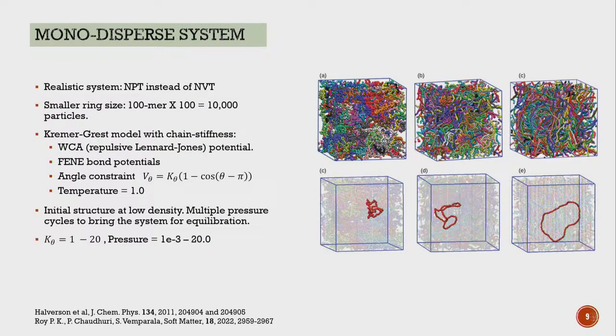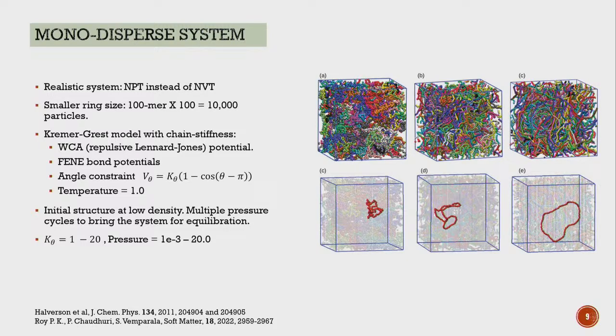First we studied the monodisperse systems. In this case, we introduced pressure inside our melts, where the system volume is not explicitly fixed. We want to see what effects volume fluctuations can have and how they control the glasses. We took a much smaller ring size than was predicted by the pinning method, about 100 monomers.